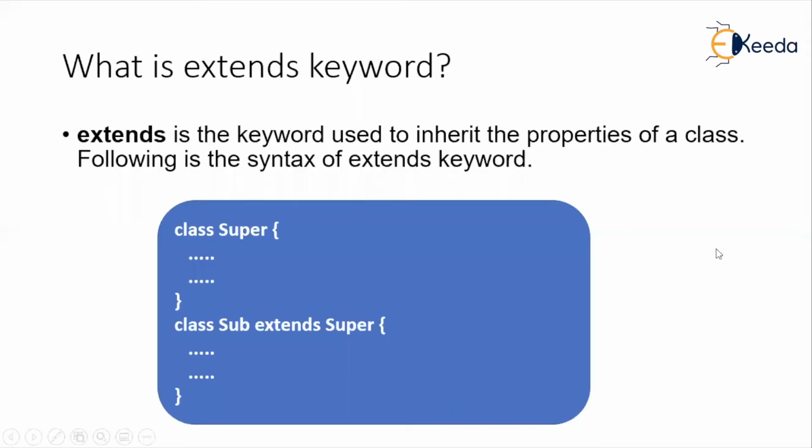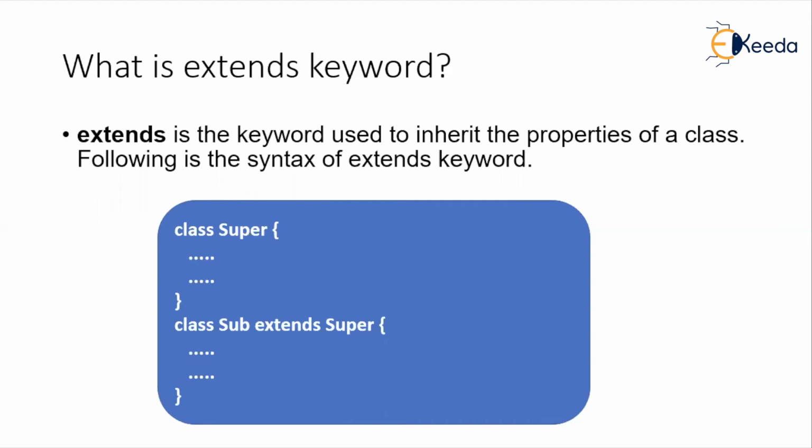Now, how is this extends keyword which we are talking about utilized? Extends is the keyword used to specify the inheritance between two classes. The syntax is that we will have a superclass, which is also termed the parent class or base class, and we will have a subclass which will inherit the superclass.